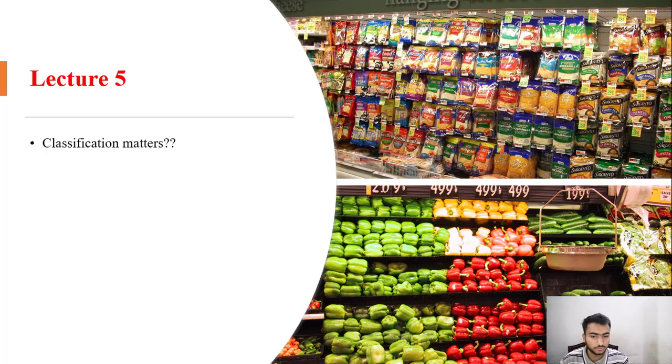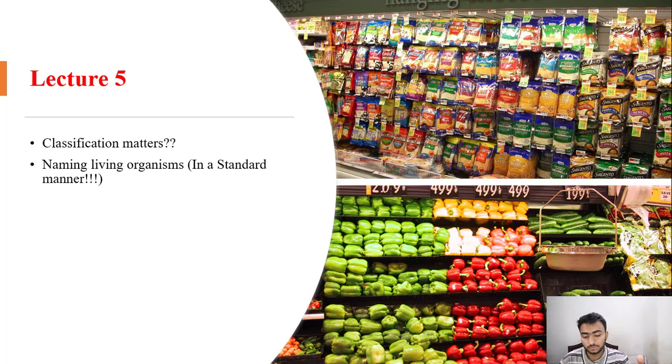So let me ask you some questions. Does classification matter? Definitely it does. Naming living organisms in a standard manner matters, because everything in scientific enterprise has to be in a strictly orderly manner, so that different researchers or groups of scientists working on the same species or the same living organism can communicate.